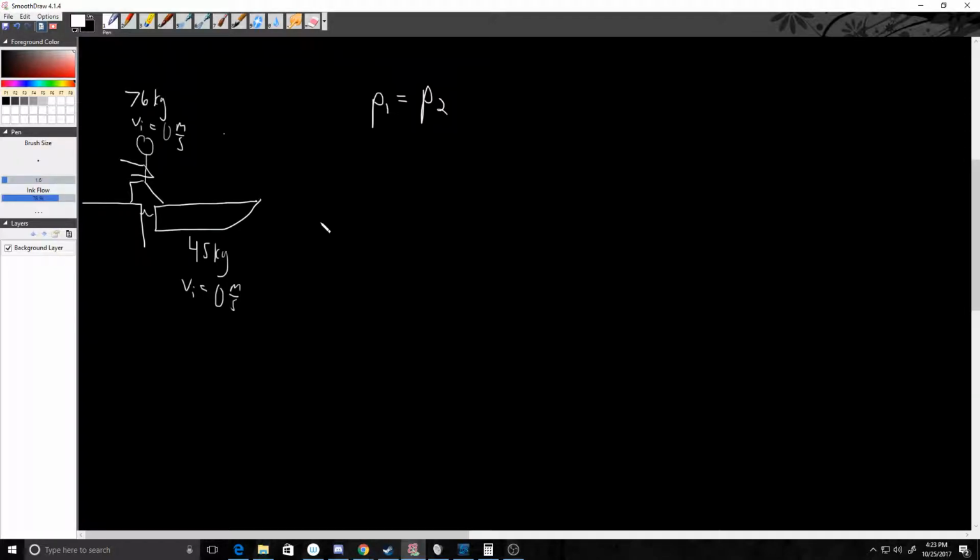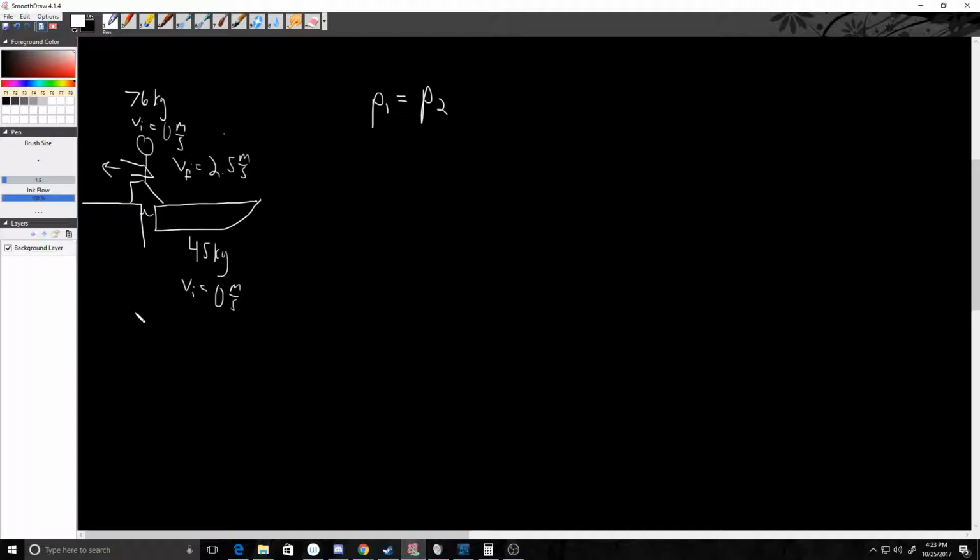Once he steps off, the person has a velocity of 2.5 meters per second. In this case, we're going to say that's to the left, okay? So I can either say to the left is my positive or that's my negative.